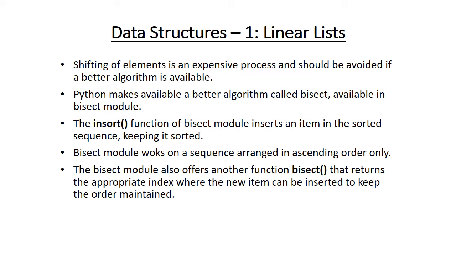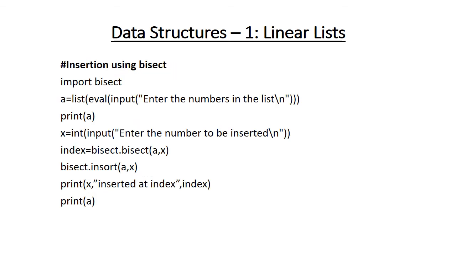The bisect module works on a sequence arranged in ascending order only. The bisect module also offers another function, bisect, that returns the appropriate index where the new item can be inserted to keep the order maintained. A program that explains the insertion using bisect is given below.